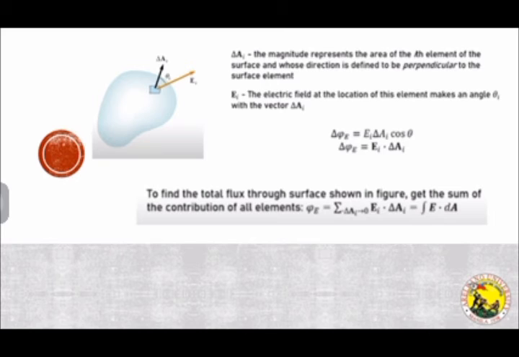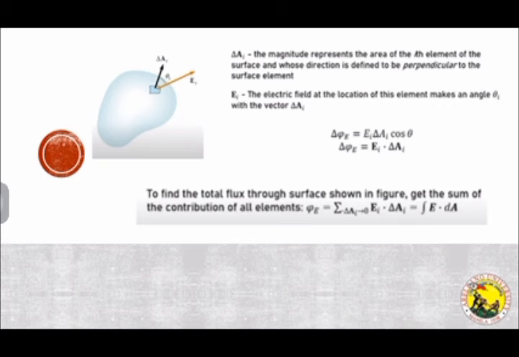Therefore, the general definition of electric flux is the limit of the summation of E sub i dot delta A sub i as delta A sub i approaches zero, which is equal to the integral over the surface of E dot dA.